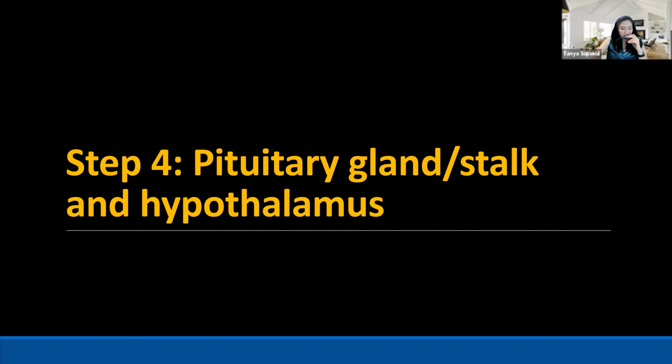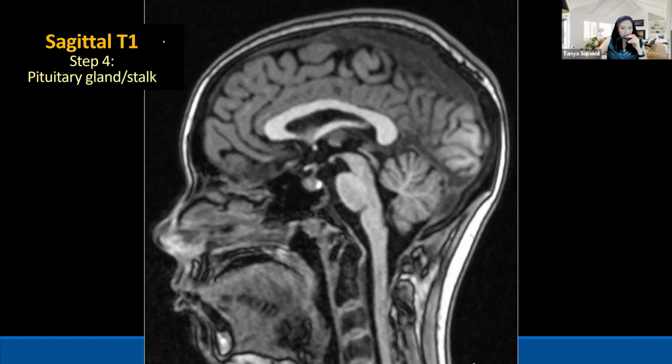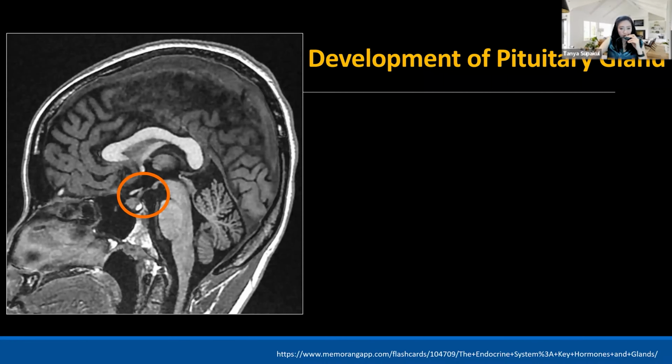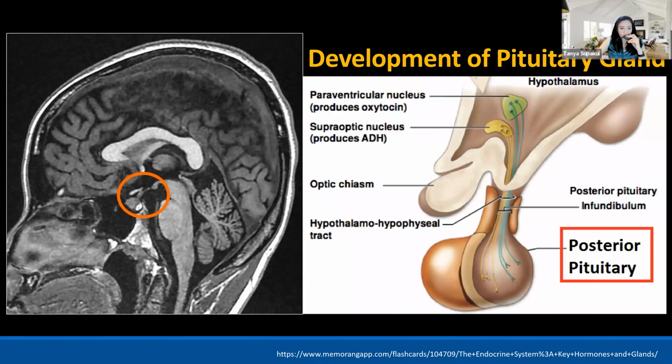And going forward to the fourth step on the pituitary gland and pituitary stalk and also hypothalamus. So go back to our normal image on the sagittal T1 at the pituitary gland and stalk level. First thing you need to understand is the development of the pituitary gland. The pituitary gland has two components.